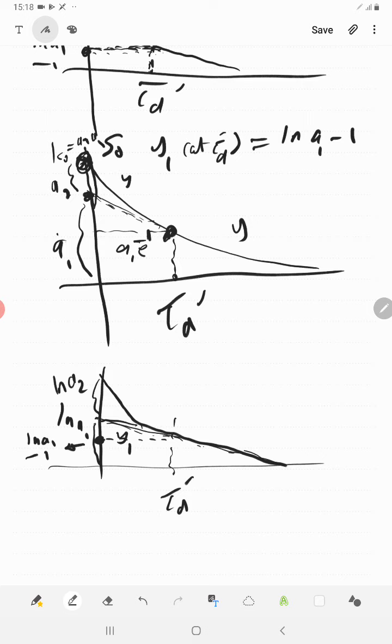It will be this value here. It will intersect the curve at a point on the x-axis, which is equal to the transient time constant.